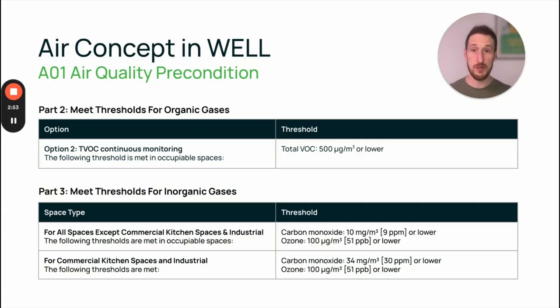A01 Part 2 is around organic gases, and there are 2 options here. You can either test individually for specific VOCs using the more traditional performance testing method, or you can use continuous monitoring to track TVOC. So if you have a monitor installed which is able to measure TVOCs, then this box can be automatically checked.